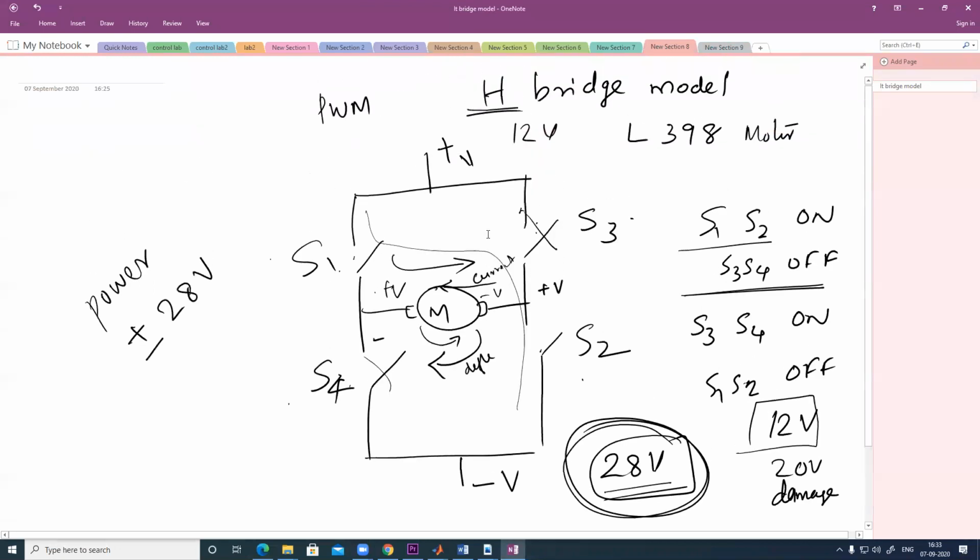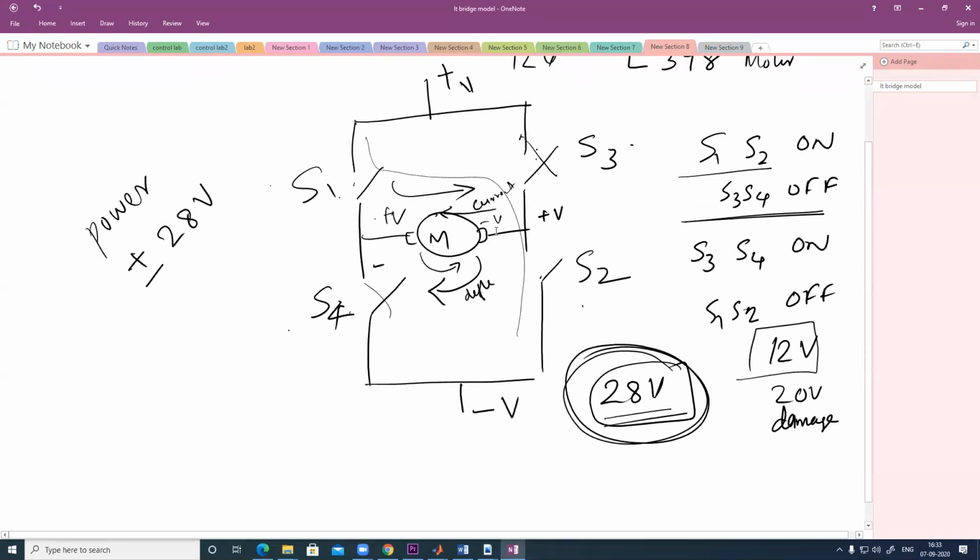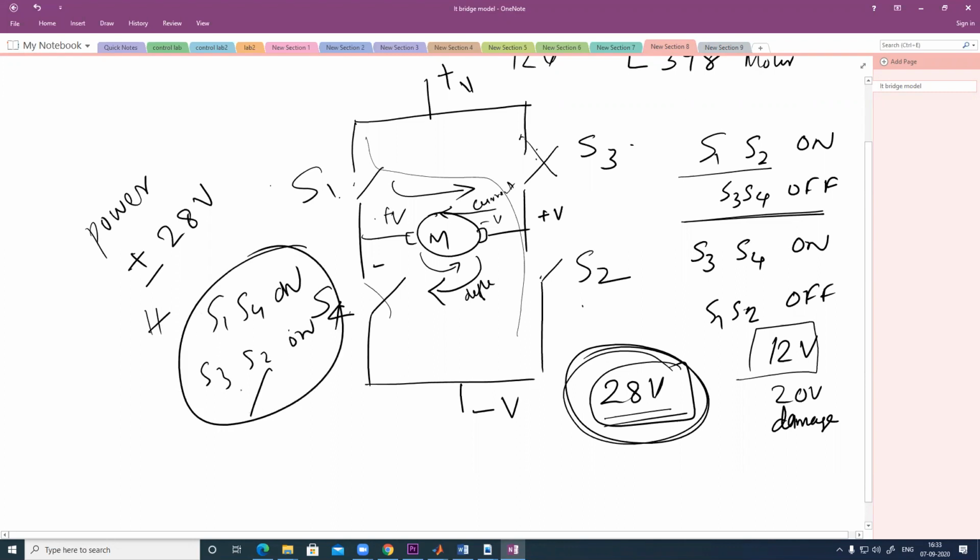In this PWM H-bridge power amplifier driving the motor, the condition where S1 and S4 are on, or S3 and S2 are on, is not at all there. The driving force is controlled by the PWM signals in such a way that complements are given here and here.